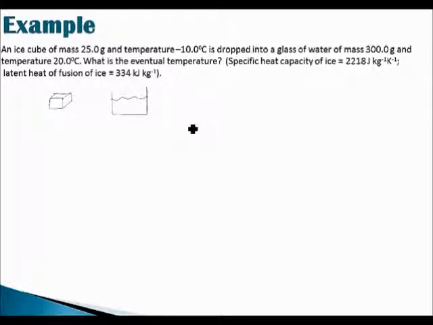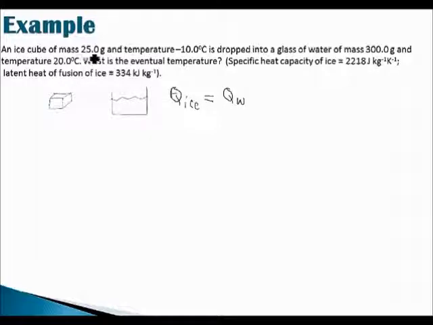And so basically we want to find where this is equal. So the heat Q from the ice cube is equal to the heat from the water. Because the two are equal.